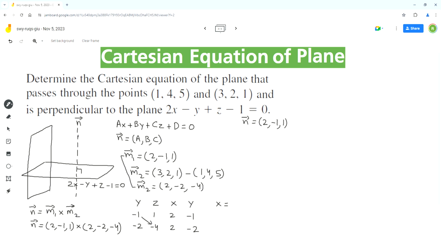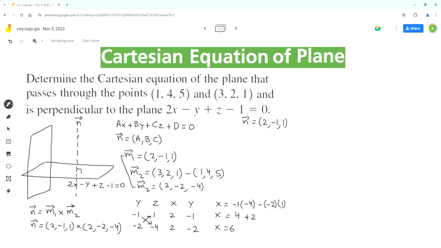So we start with -1 times -4 minus -2 times 1. I get x equals 6.